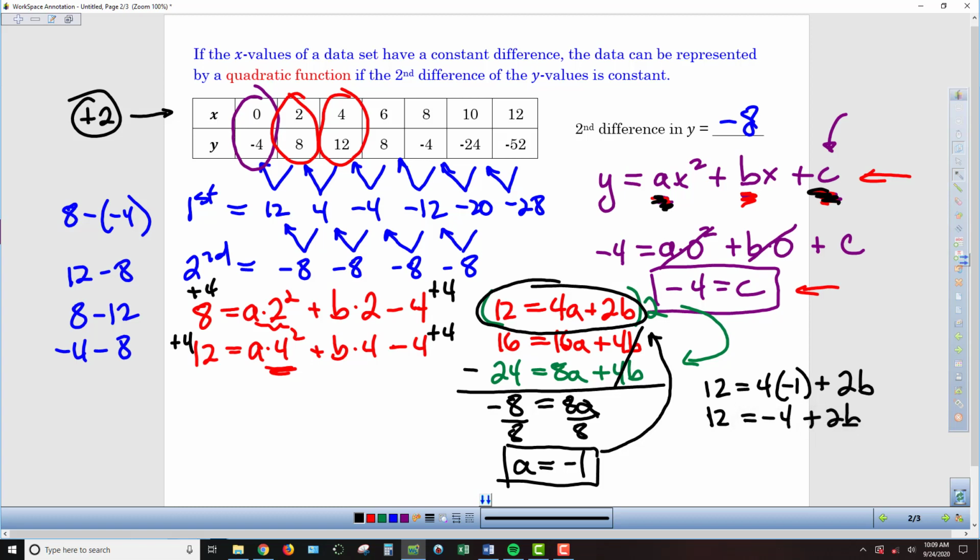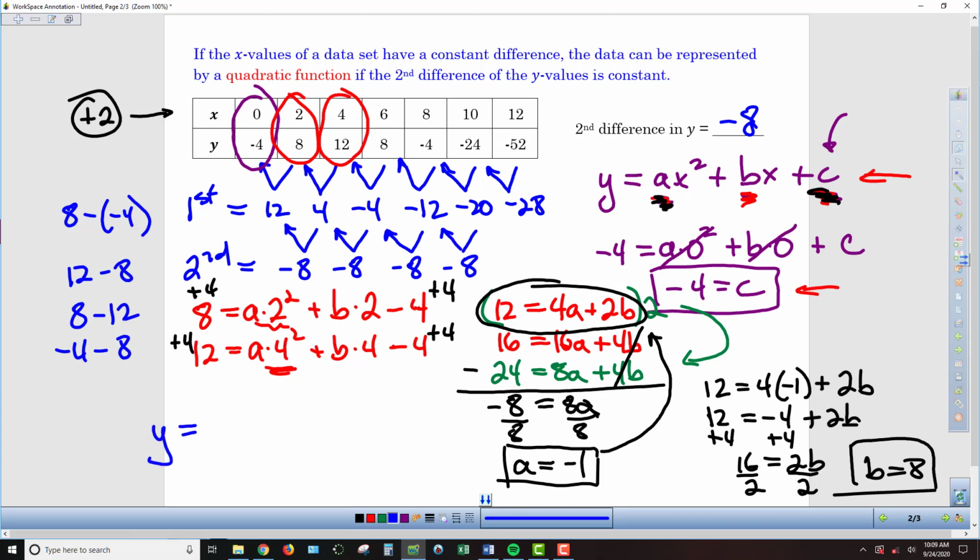If I add 4 to both sides, I've got 16 equals 2b, and so my last step is to divide by 2, and then I get b equals 8. Now I have my 3 coefficients for my equation. I know what a is, I know what b is, I know what c is, and so then we can write down our equation for this table of values.